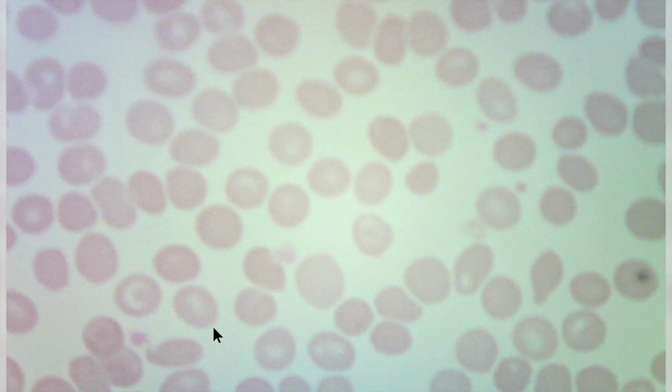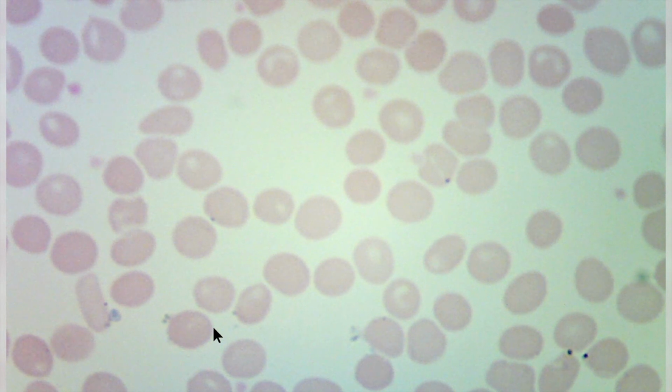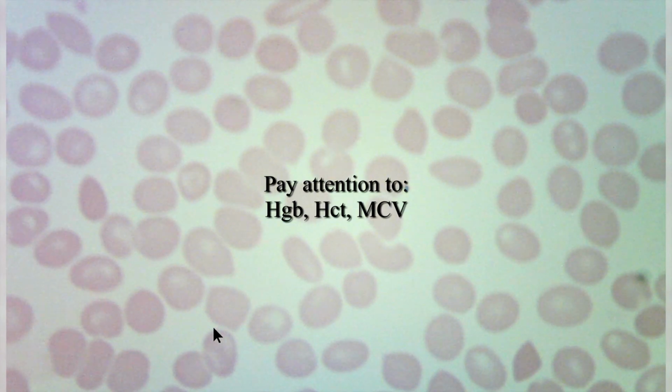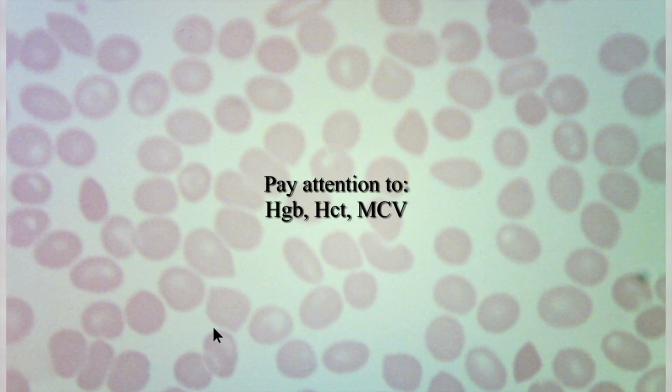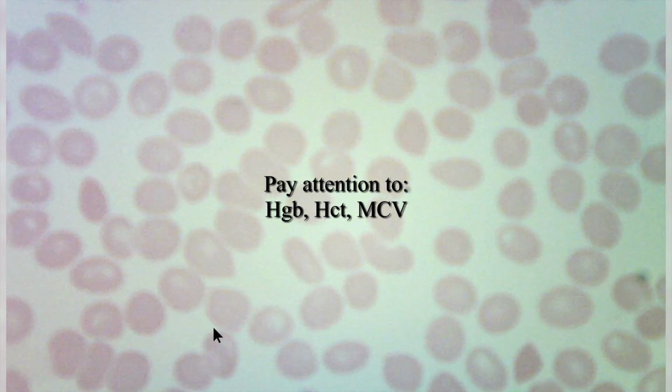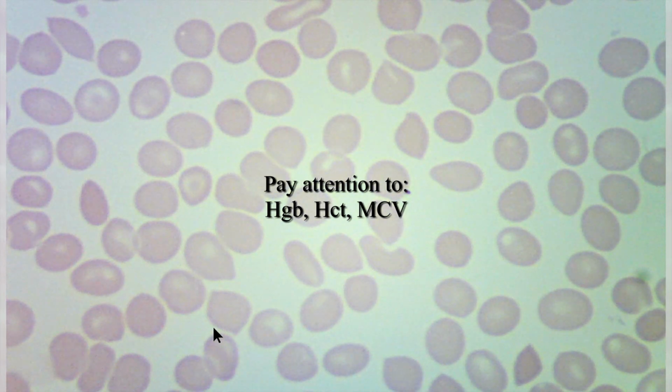And those symptoms usually are going to be characterized by hemoglobin around the range of 12 to 14 or 10 to 12, depending on whether you're a male or a female. And hematocrit is going to be lower on the CBC. The MCV is going to run about 75 femtoliters.